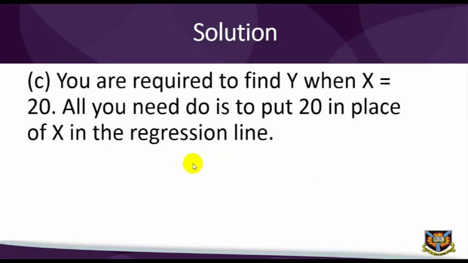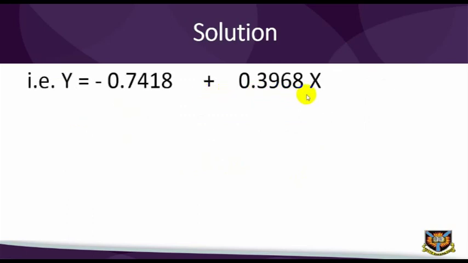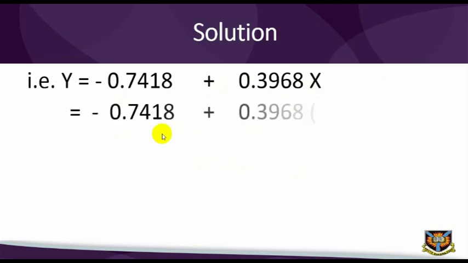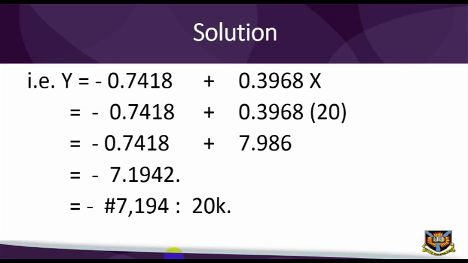That is, y is equal to minus 0.7418 plus 0.3968x, is equal to minus 0.7418 plus 0.3968 times 20, is equal to minus 0.7418 plus 7.936, is equal to 7.1942, which is 7,194 naira 20 kobo.